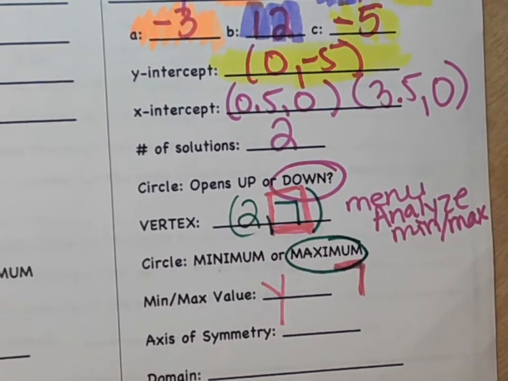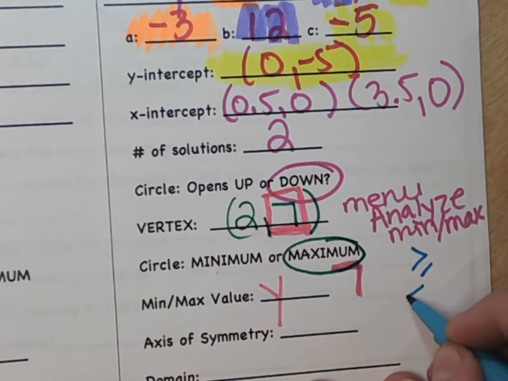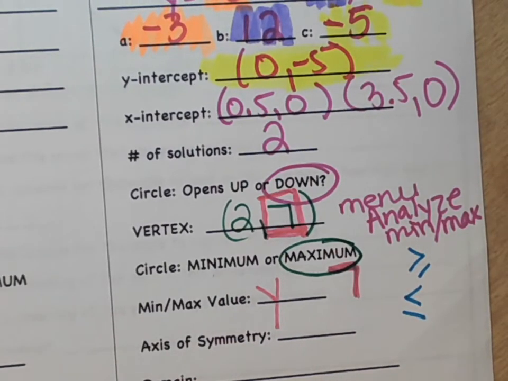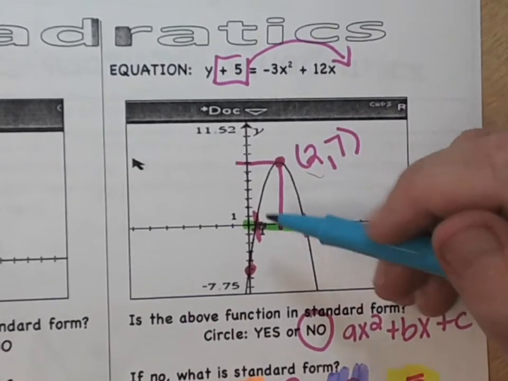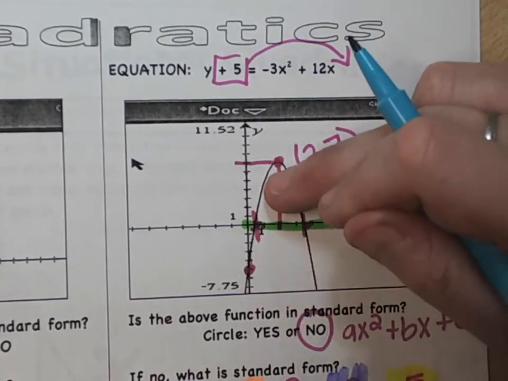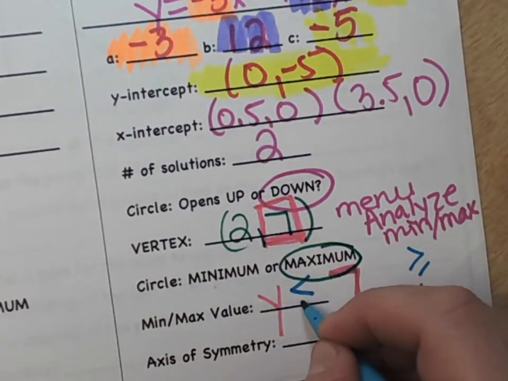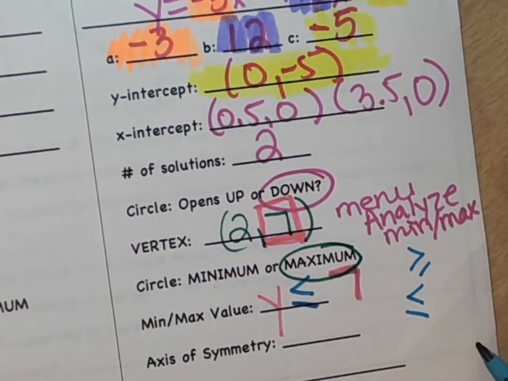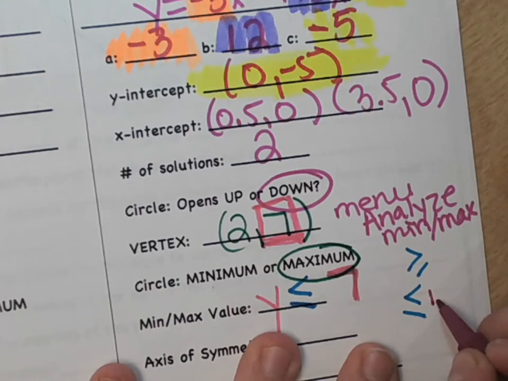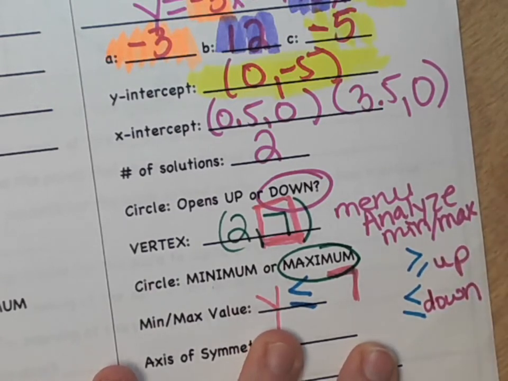You're going to use either a greater than sign or a less than sign. Now it's open down, guys. So if it's open down, all these numbers are less than. So we're going to use the less than sign. When it's open down, that's the less than sign. When it's open up, that's the greater than sign.